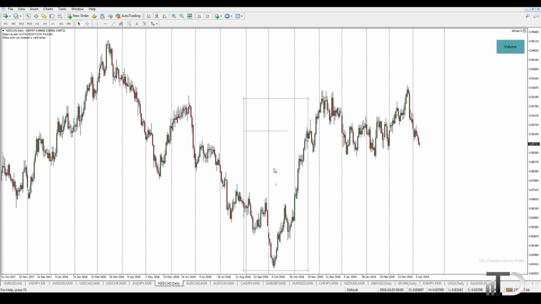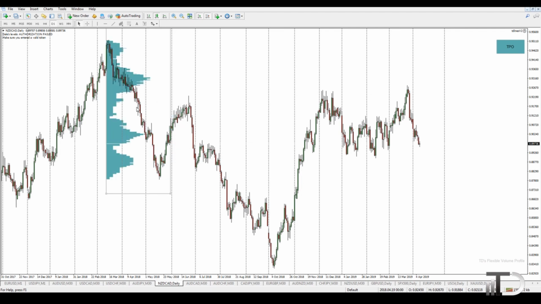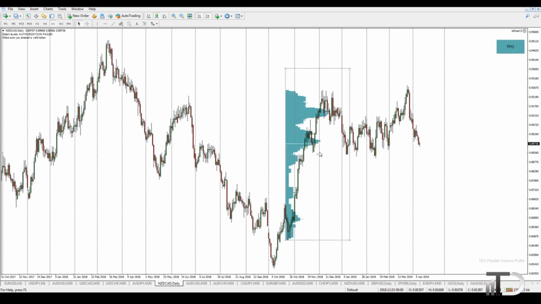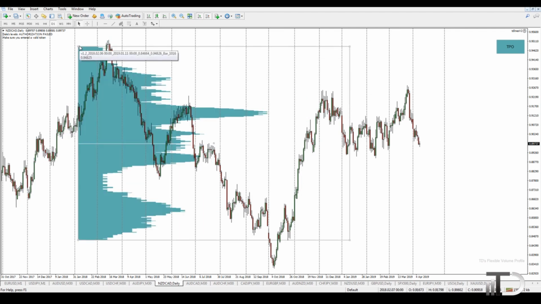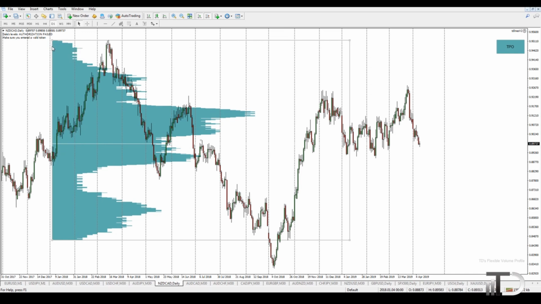There's a workaround to this, which I made with my flexible volume profile for MetaTrader. The workaround is that you can switch from volume calculation to TPO calculation. We don't have this sort of problem with the TPO calculation, so this sort of fixes this problem. I will get back to the TPO calculation a bit later in this video course, so I'll tell you how it's calculated.